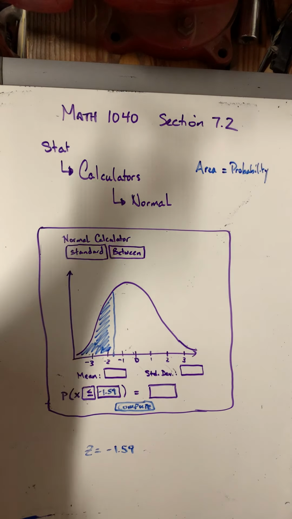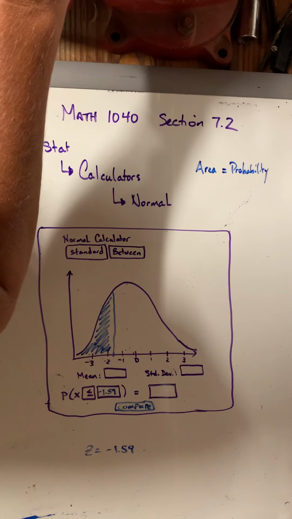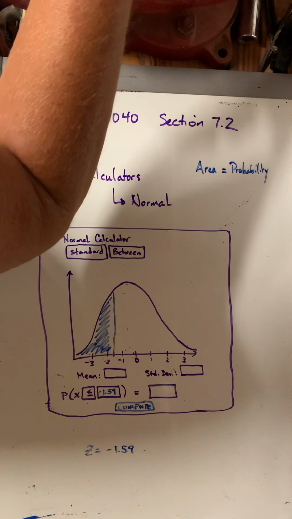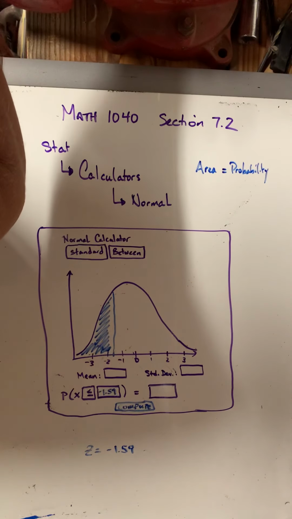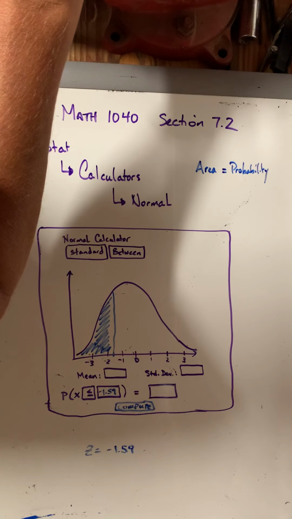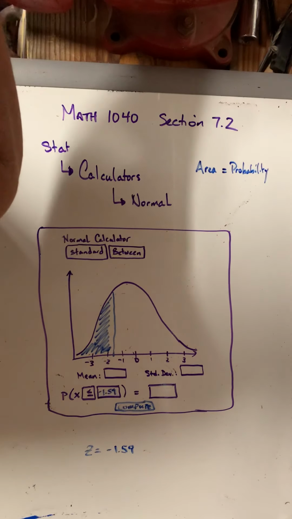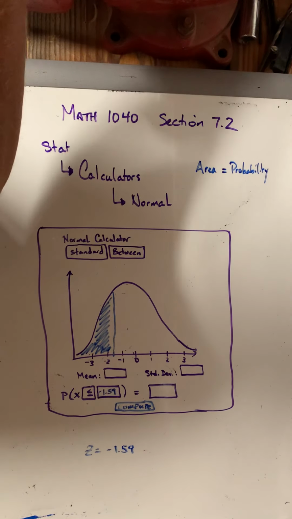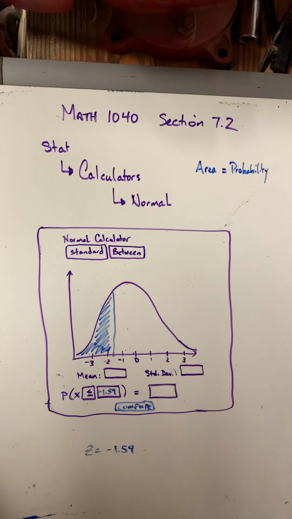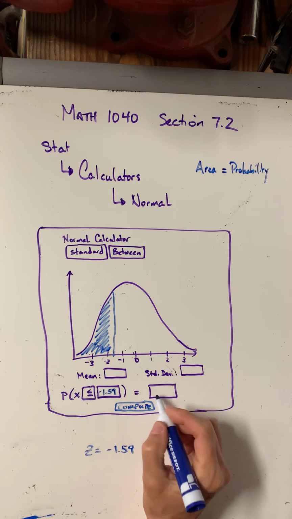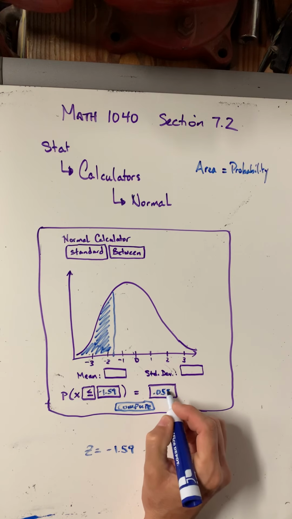Let me plug that in on mine real quick, and I'll show you the answer that I get, so you can match it if you're practicing with yours. So negative 1.59, my area would be 0.0559, and that would be entered here. And of course you round it to whatever they say.